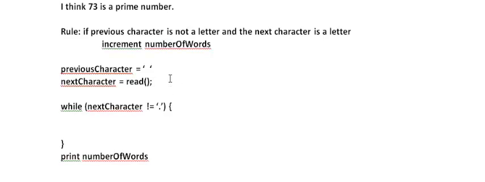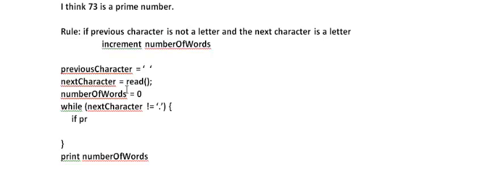So a number of words has to be initialized to 0, and in each iteration of the loop we should employ this rule that we have up here, and what we need to do is check this.